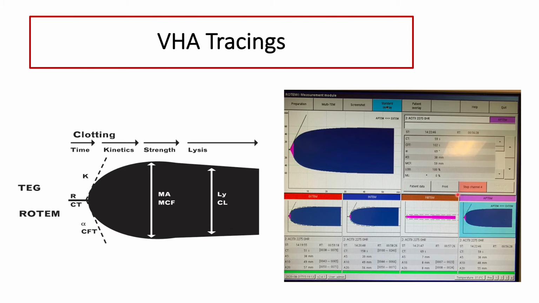VHA doesn't only produce results in the form of tracing, it also produces results in the form of alphabets and also numbers, as you can see in this diagram.